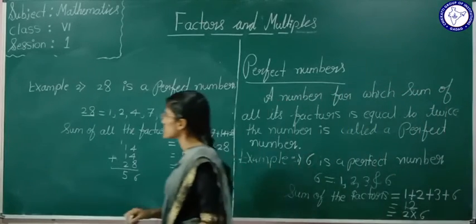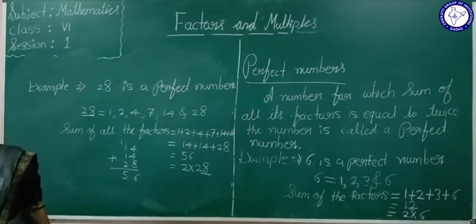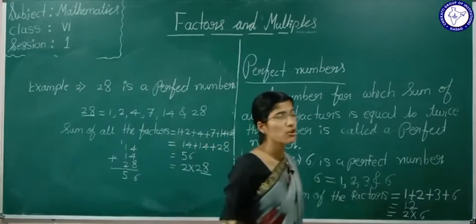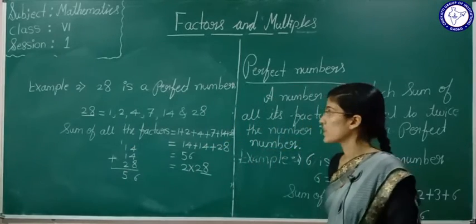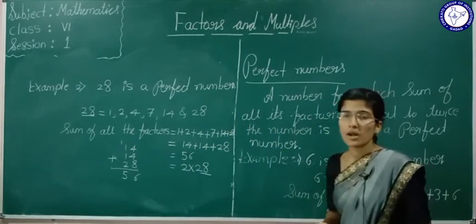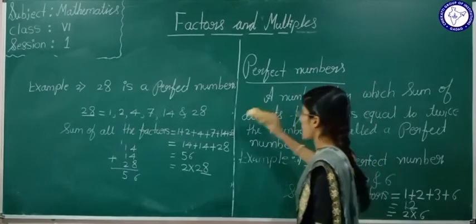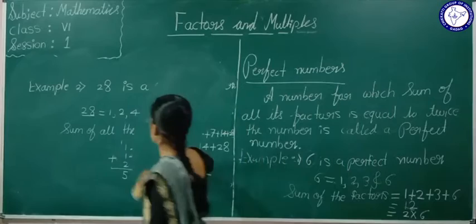This is about perfect numbers. We now know what factors and multiples are, and what perfect numbers are. So now we will see some examples based on this.